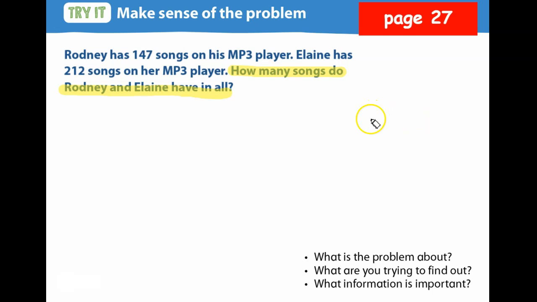What do you think? How many? Good. What else? What do we need? What information do we need and is important? Look at the word problem. What information are we going to need in order to solve the problem?